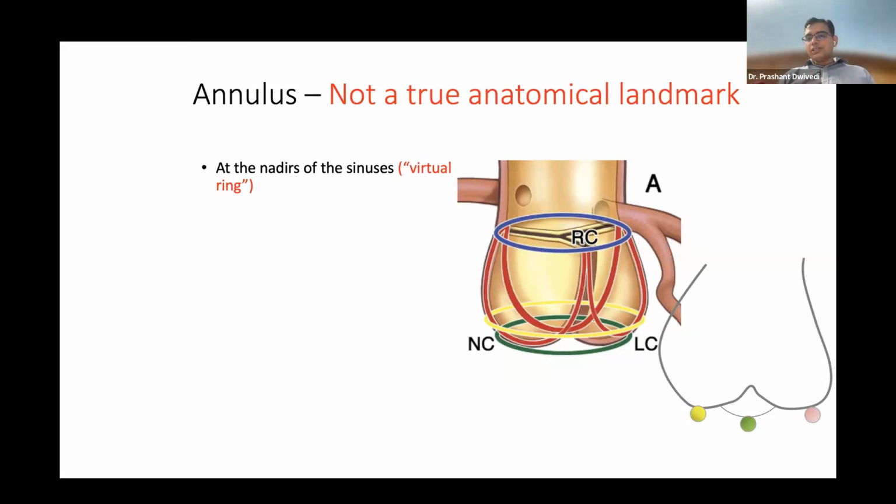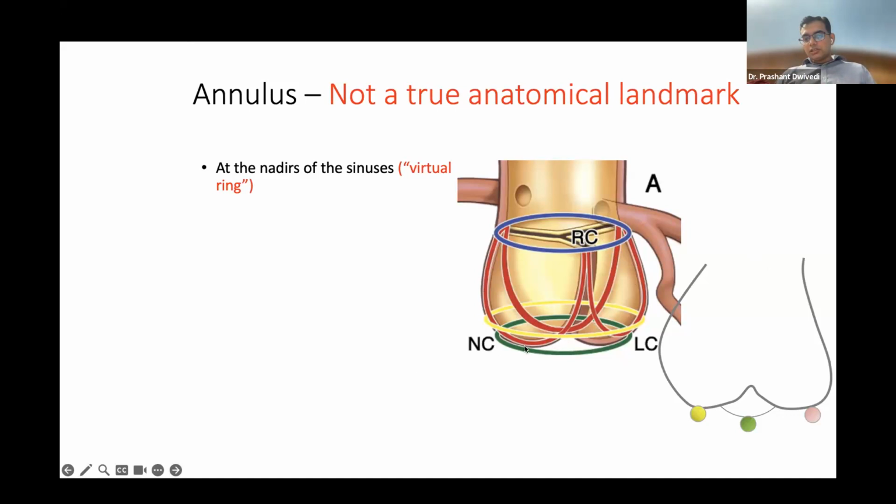These three cusps are not always in the same line. That's why we need to define the nadir of all three cusps, and by combining the nadir of all three cusps, we can make a proper annulus. But this is not a true anatomical landmark. This is a CT derived landmark. So how do we do it? We can see this ring. This is the non-coronary cusp, this is the left coronary cusp, and this is the right coronary cusp.